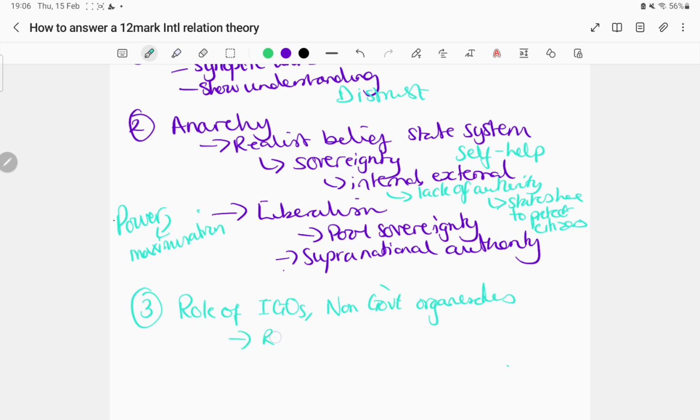The kind of rise, this is for liberals, the rise of collective dilemmas, global commons, etc. And the fact that cooperation is necessary.